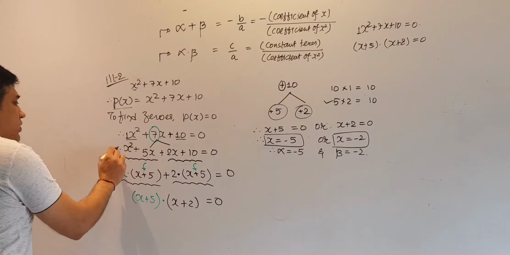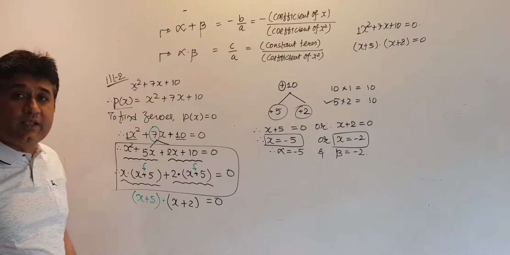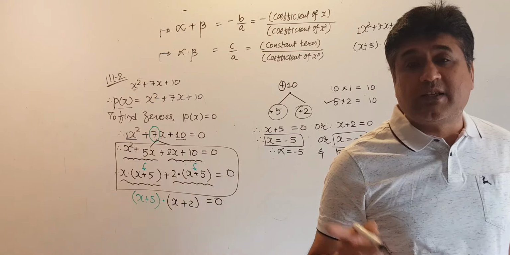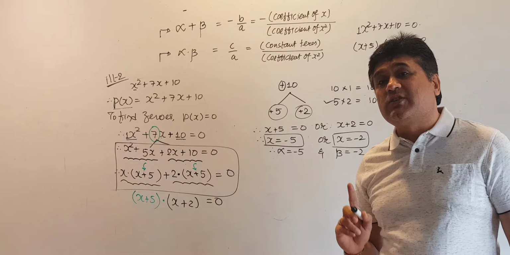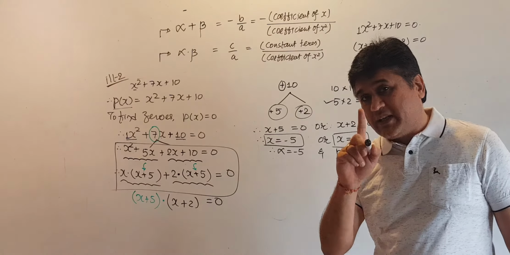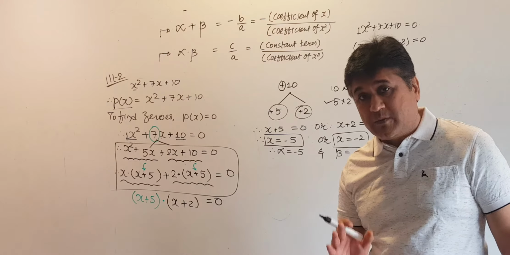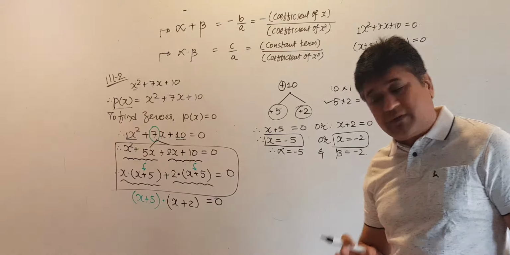Need not go for this procedure. You can avoid it. But when? Only in the circumstances while the coefficient of x square is 1. Clear, friends? So please be very alert and careful.